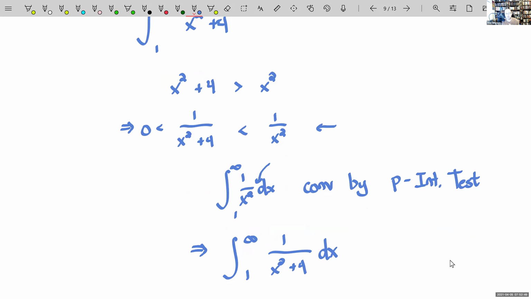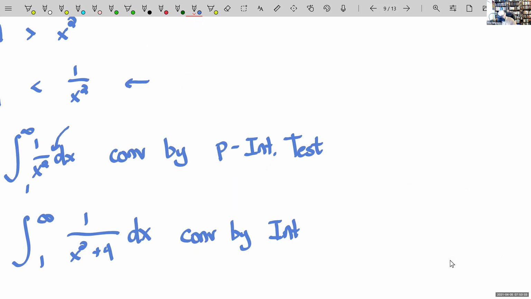So the area underneath 1 over x squared plus 4 must also be finite. So that converges by the integral comparison test. I should probably write that in English here rather than shorthanding that. Integral comparison test. It's kind of nice to do.